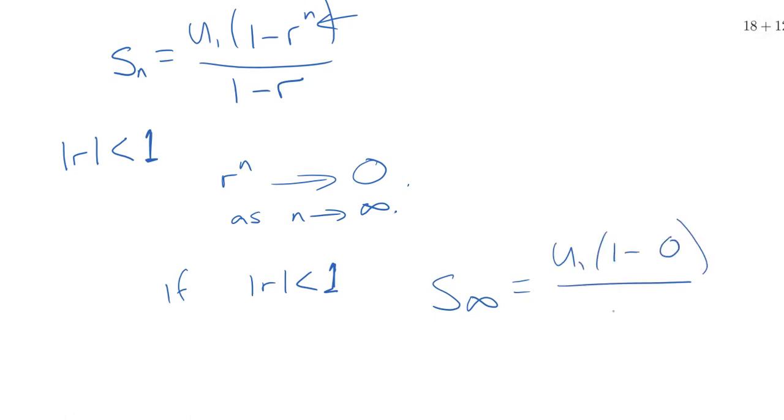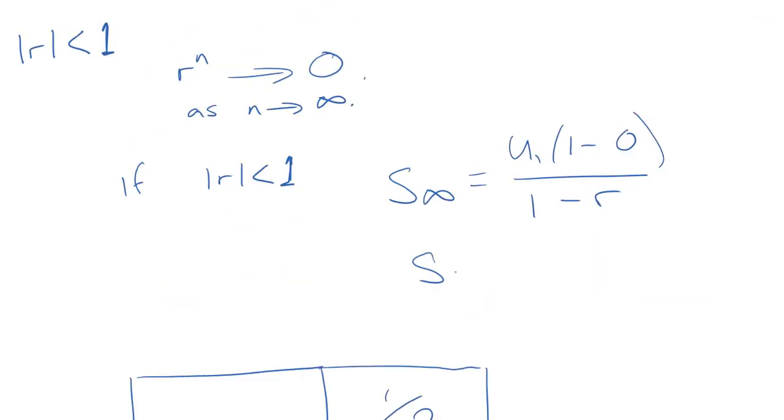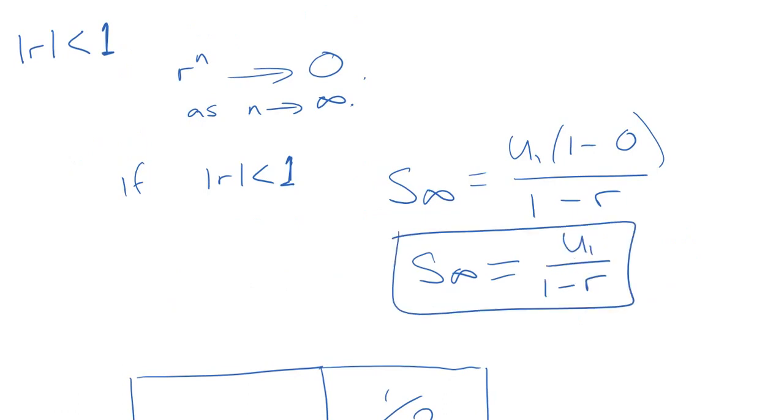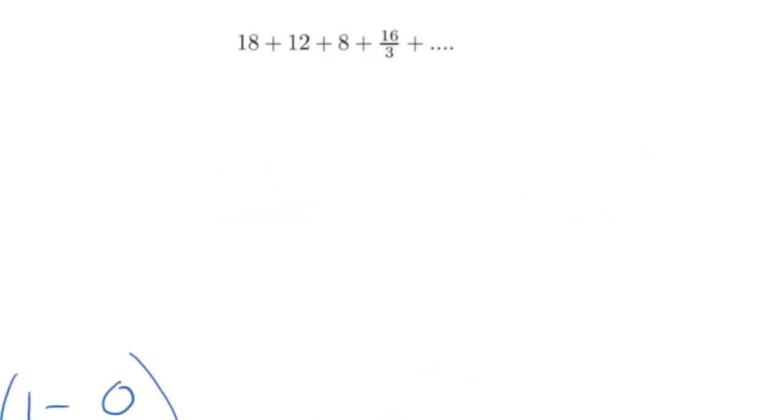There's nothing there because that's going to tend towards 0, which is actually going to give us the overall formula of the sum to infinity is u1 over 1 minus r. And this is our important learning point for this video. That is the formula for a sum to infinity, but it only works if that magnitude of r is less than 1.